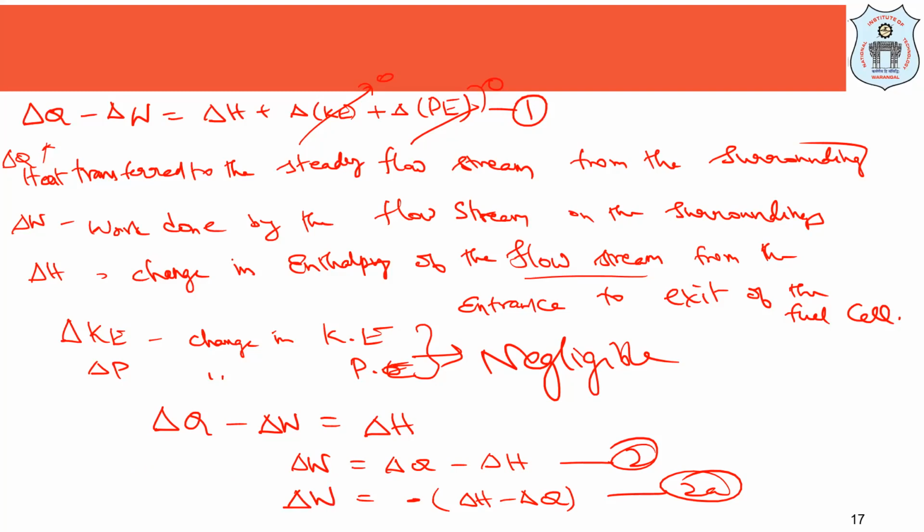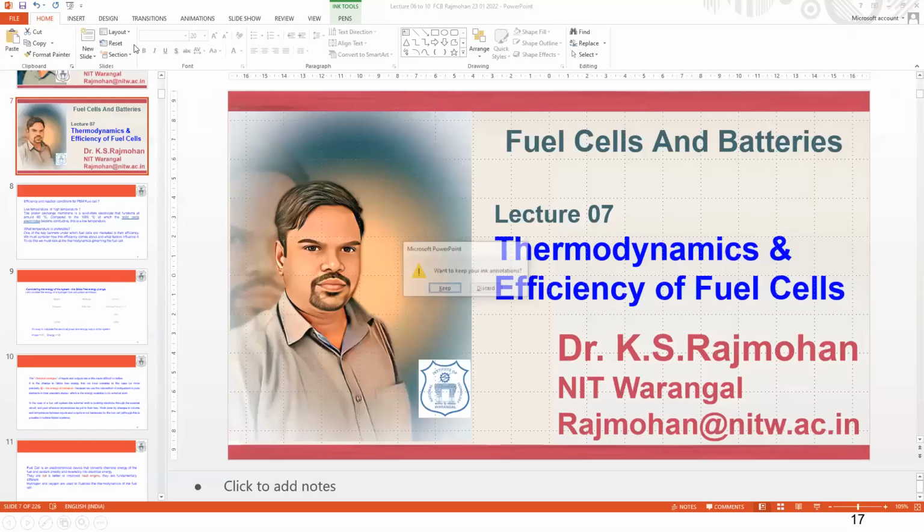If this delta W has to be maximum, the process has to be irreversible or reversible? For this delta W to be maximum, the process must be reversible or irreversible? Yes, tell me.